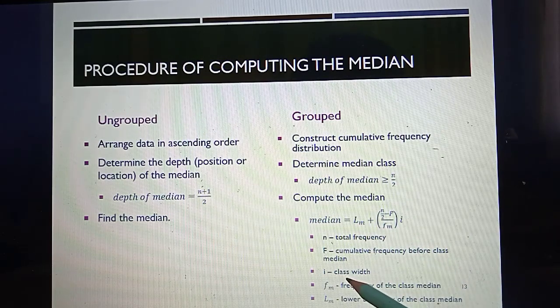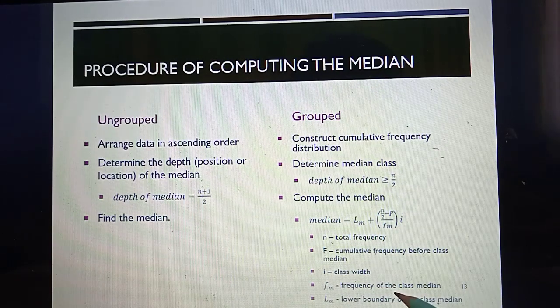Okay, class width meaning lebar bagi kelas yang kita kira. Macam sebelum ni kita dah kira macam mana kita boleh dapat lebar bagi selang kelas tu. So that is given by I. Fm is the frequency of the class median.